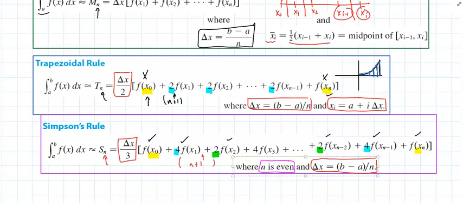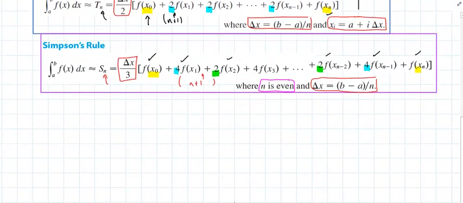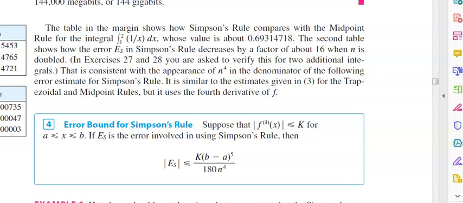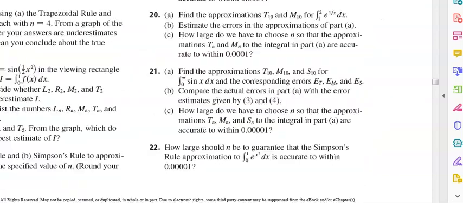It's really simple to use, and I just want to do one example on those, and then we have this error bound we're going to get into, and we're going to tackle the error bound heavily in chapter 11, which we're almost there. So I want to pick a problem from the book. I'd like to look at page 564.